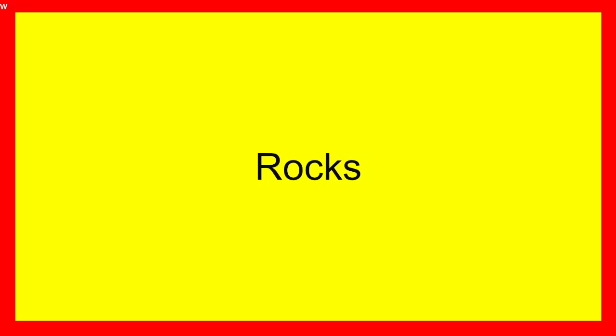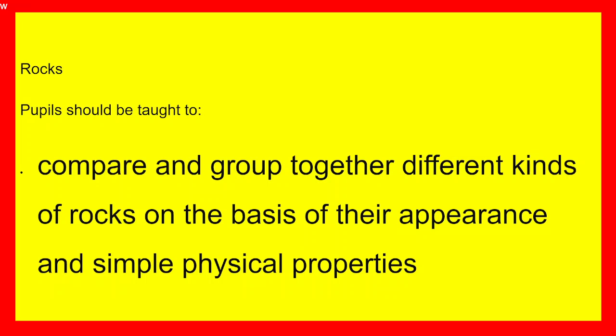Then in science, children are taught about rocks. In this area, the children should be taught to compare and group together different kinds of rocks on the basis of their appearance and simple physical properties.